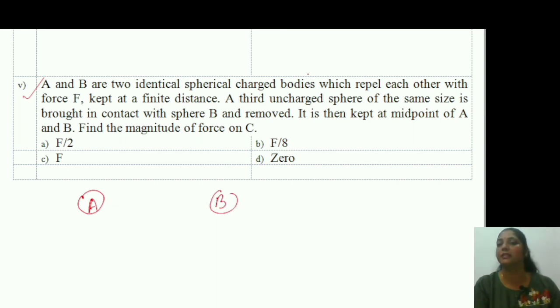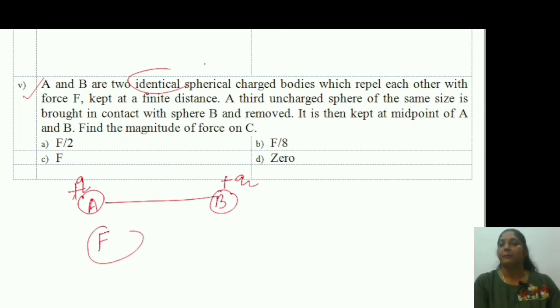That force is repulsive. It means both identical bodies have the same charge. Suppose this body has charge Q and the second body also has charge Q, and repulsive force means both have the same nature, both are positive. The force between these two charges is F, kept at a finite distance.